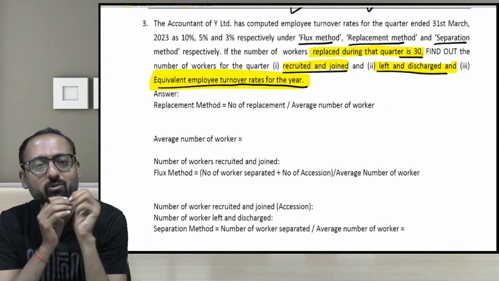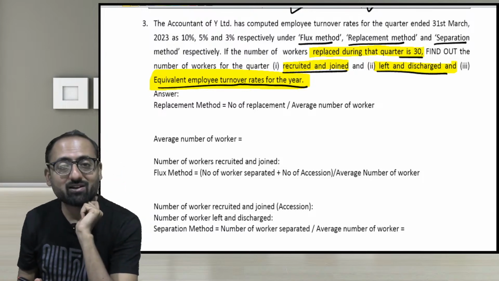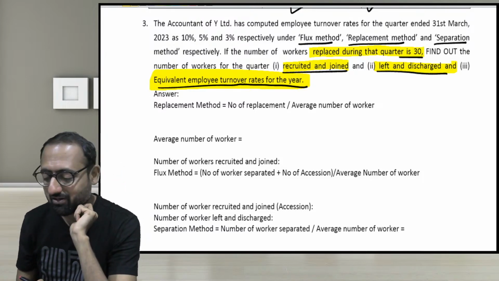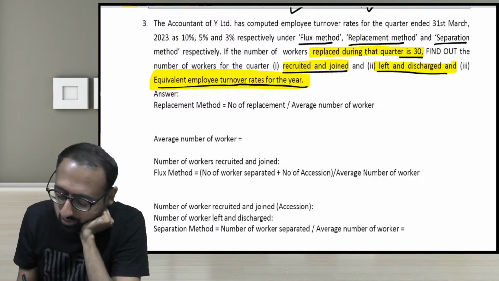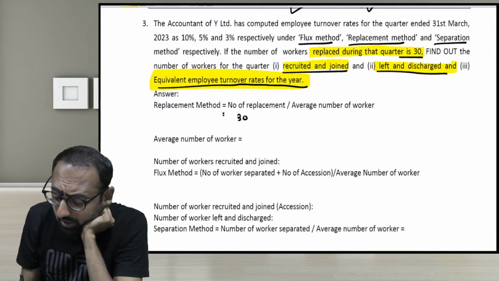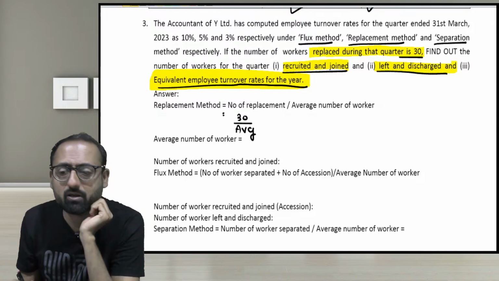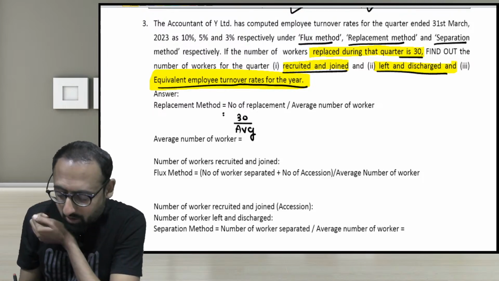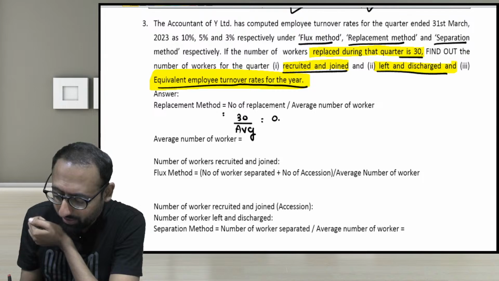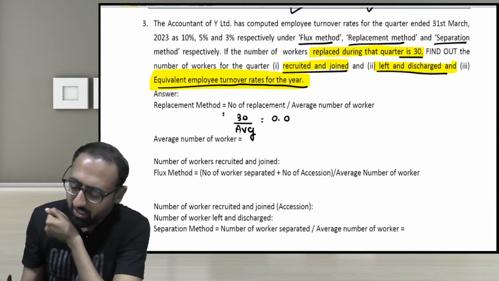So let's go to the formula of replacement. What is the formula of replacement, guys? Number of workers replaced divided by average number of workers is equal to the percentage. Number of workers replaced are 30, divided by average number, which we don't know because we don't know the opening and closing workers, is equal to the replacement percentage, 0.05.